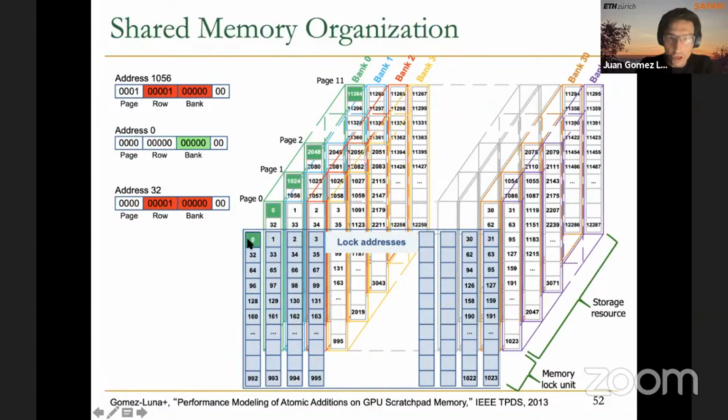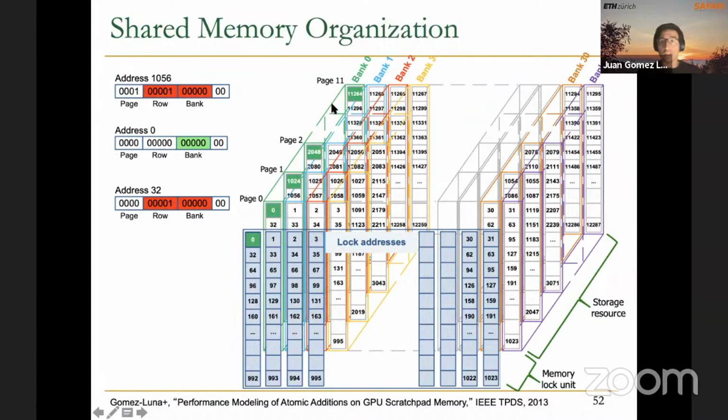Or for example, here, this lock bit 0 corresponds to element 0, element 1024, element 2048, and so on. And what this means is that if we have two threads, one of them accessing element 0 and the other one accessing element 1024, because they both are sharing the same lock bit, the effect will be the same as a position conflict, the same as having both threads updating the same memory location.